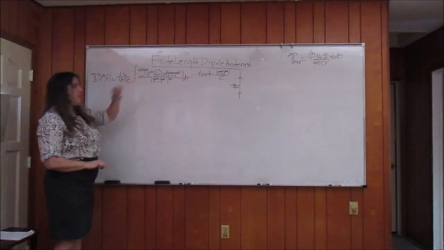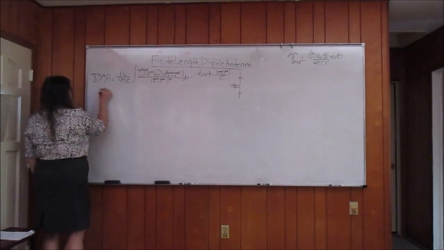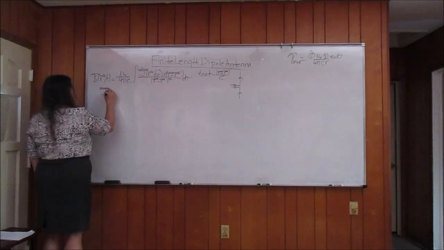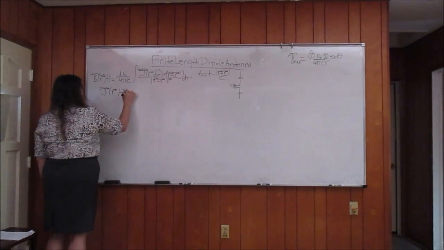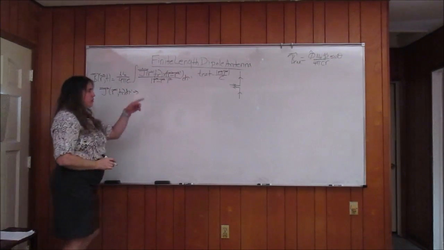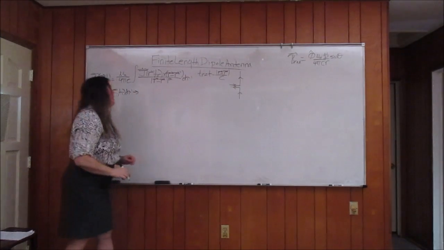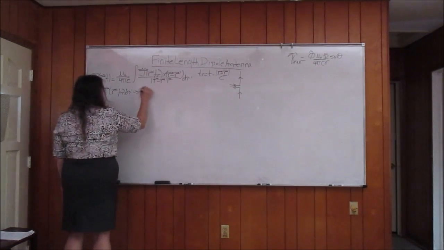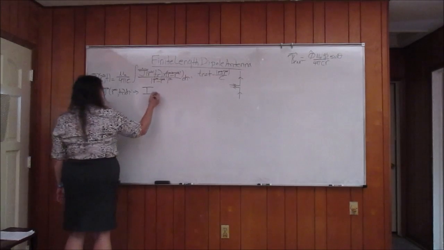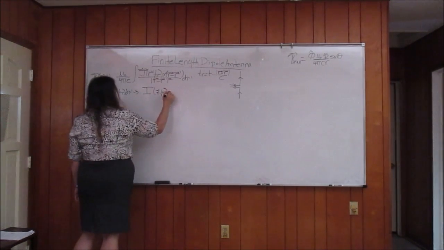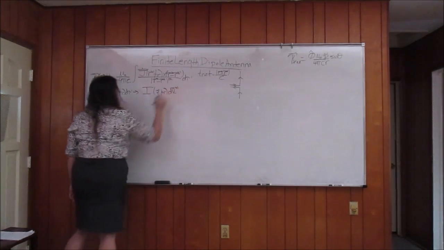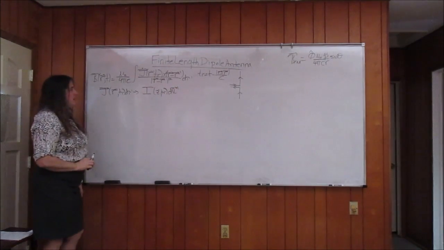Order of business is to figure out how to write the current for this particular system. Well, if we assume that this is a very thin wire, I can replace this by current I times a line element.